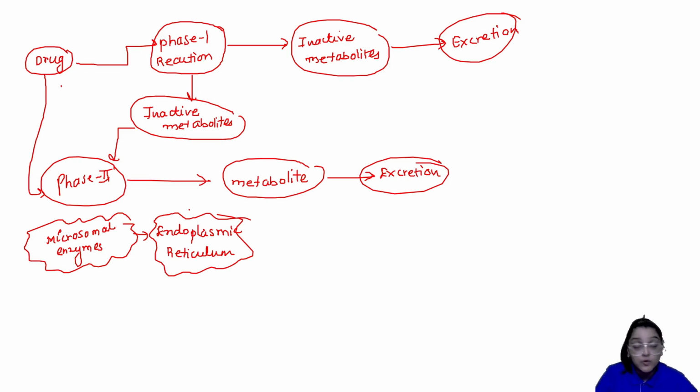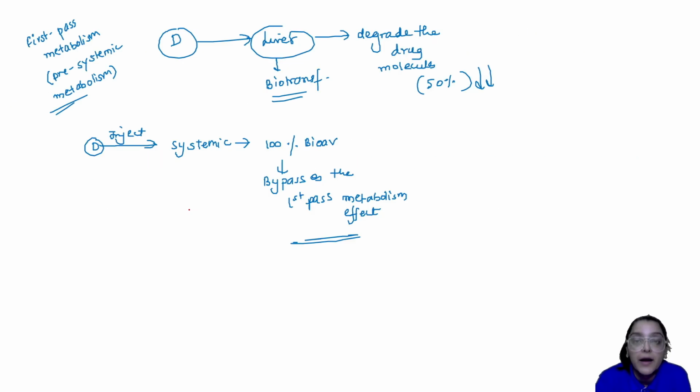Afterwards, we are going to see the types of phase 1 and phase 2 reactions, which drugs tend to get metabolized by the microsomal enzymes, and which are inducers or inhibitors of the microsomal enzymes. This was just a basic of what is going to come ahead.